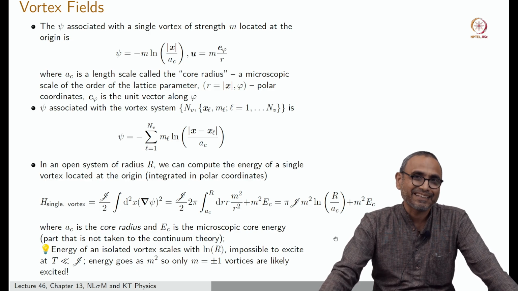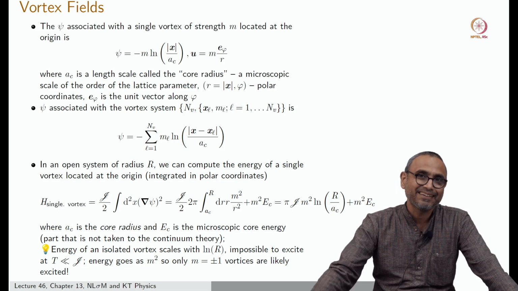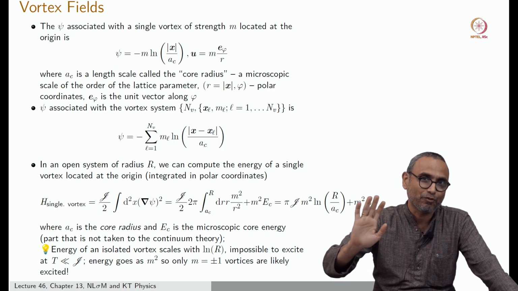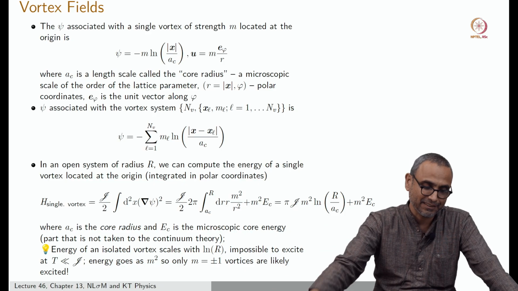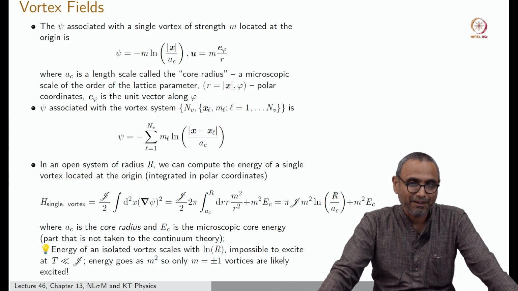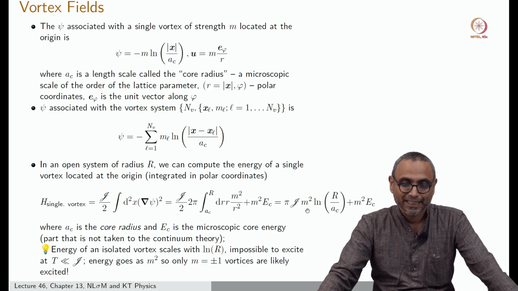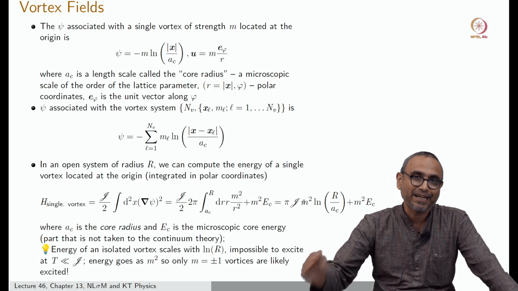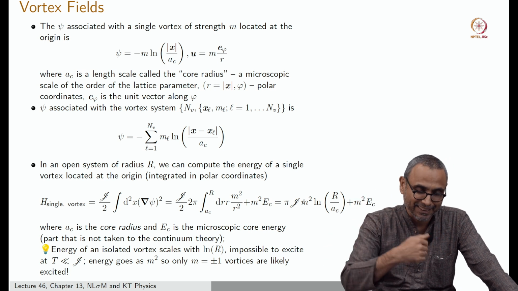So very clearly, we cannot excite an isolated vortex because it will cost us a very large amount of energy. We'll have more to say about this as we go along. That's one comment. Second comment is, you can excite vortices of different vorticity, as we have seen.